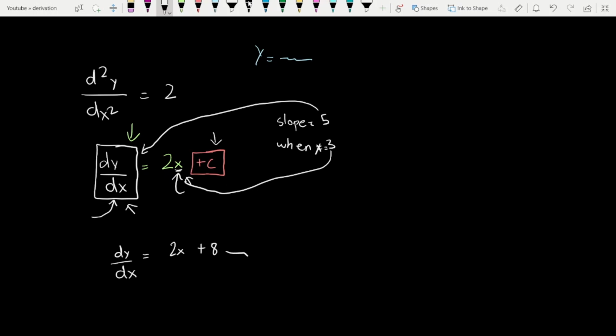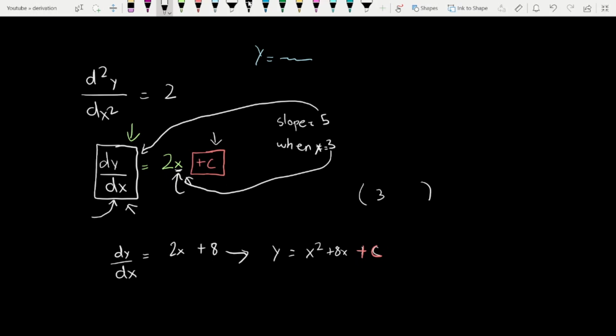Now you integrate it once more, and you're going to have another plus c. So it's going to be something like x squared plus 8x, and then that plus c is what you're going to add. And this is going to be y, because you've integrated it once more. Now you're going to need a point, with some value of x.